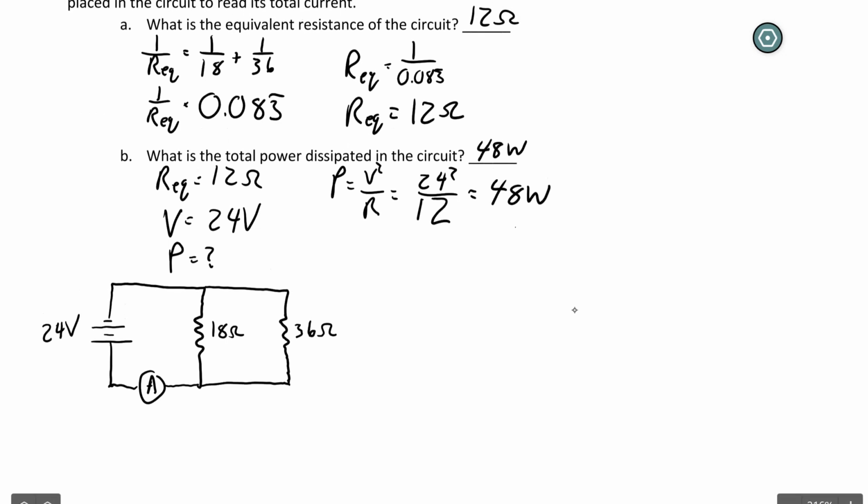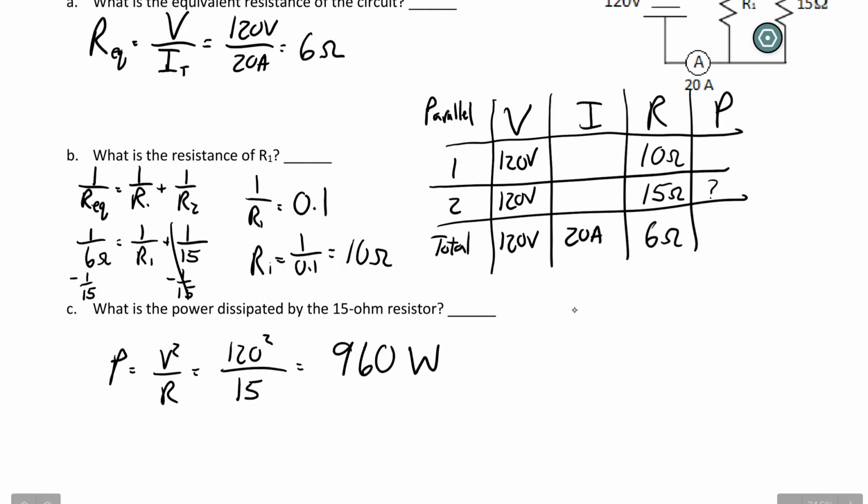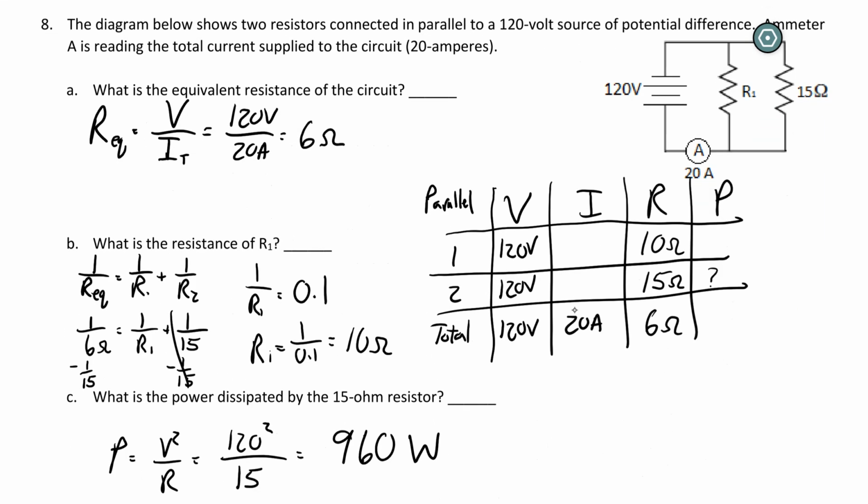For number 9B, the equivalent resistance was 12. Well, this resistor is 18, and this resistor is 36. You're telling me that the equivalent resistance is less than the smallest resistor? Yeah, we have said that before too. It pops up in every parallel circuit. The equivalent resistance is always going to be less.